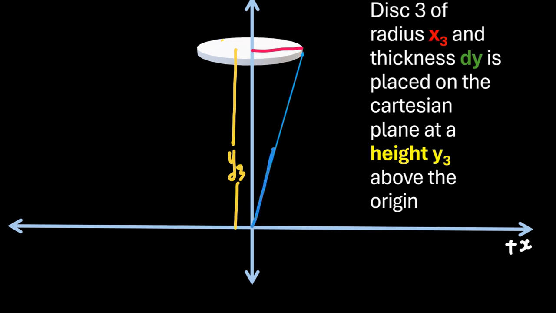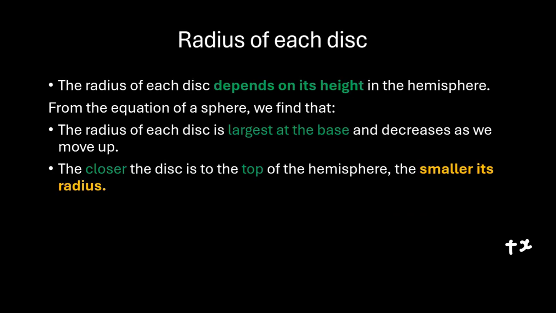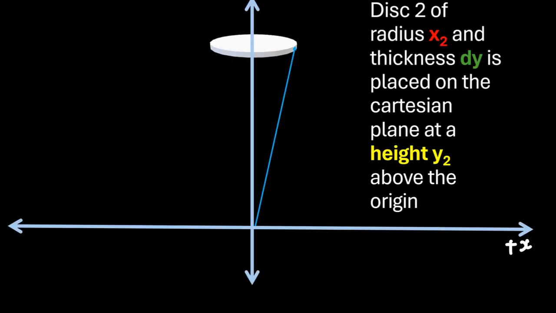This value remains exactly r, right? And the radius of each disk depends upon its height. The largest will be at the base, and as we go up, the radius of the disk will become smaller. The closer the disk is to the top of the hemisphere, the smaller its radius, which is what we see here.